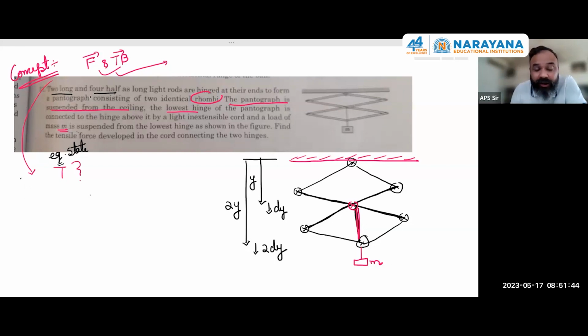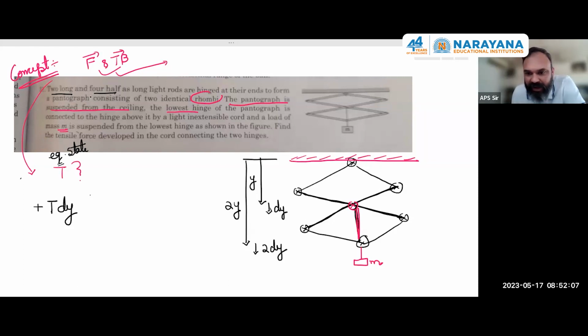Basically, I'm trying to write a du kind of term, and I'm using the property of stable and unstable equilibrium, where when you are in equilibrium, your du should be 0. So how am I trying to write that du? I'm saying there's a pull force downwards here. So that gives me a plus t dy.